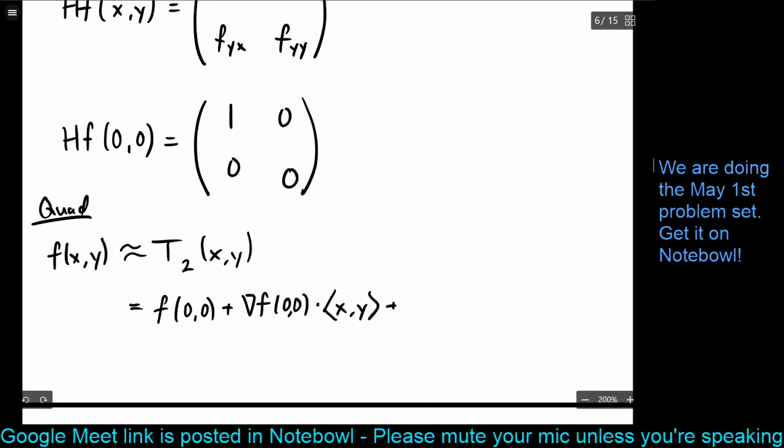And this next one, if you think about these in terms of matrices, you want to write it this way: I forgot the 1 over 2 factorial. 1 over 2 factorial times x, y times this Hessian times this. So you want to write out this product in this way.